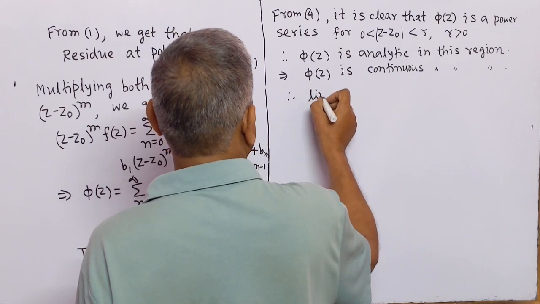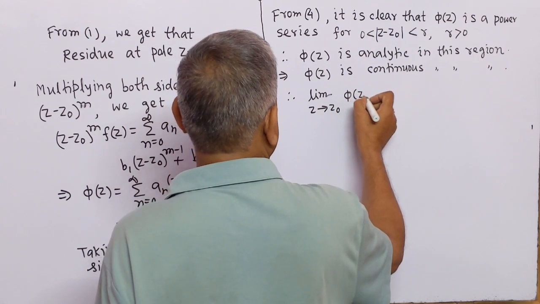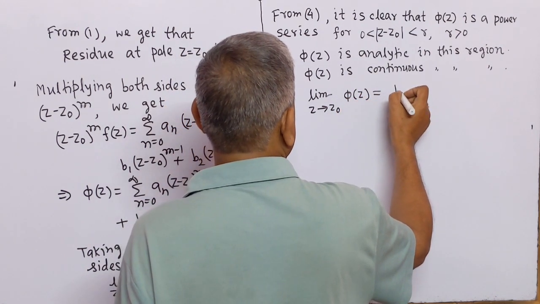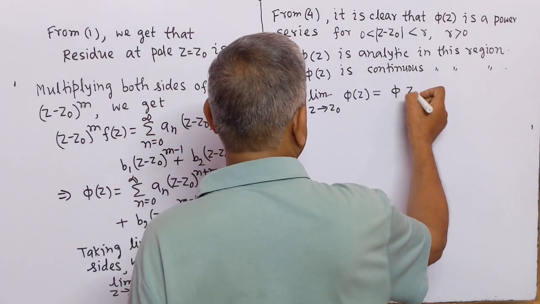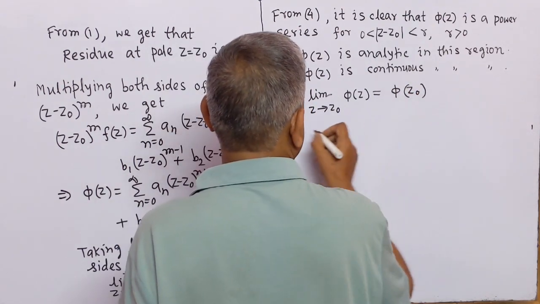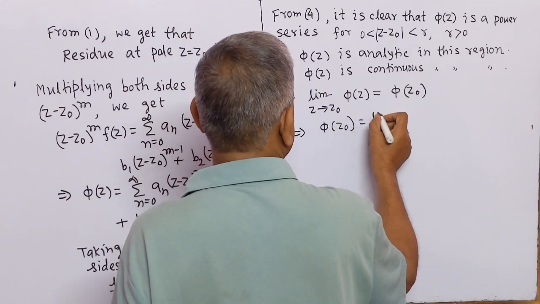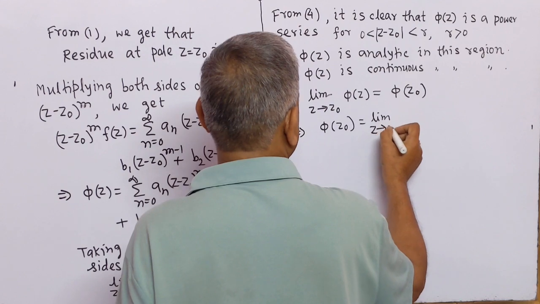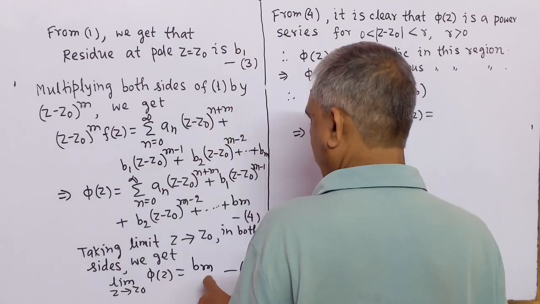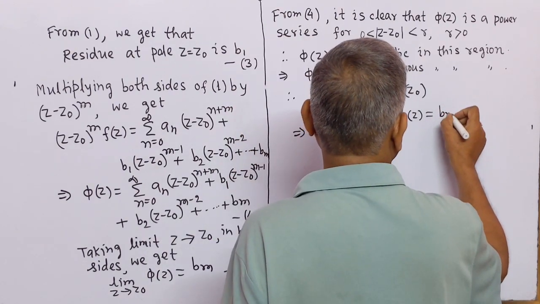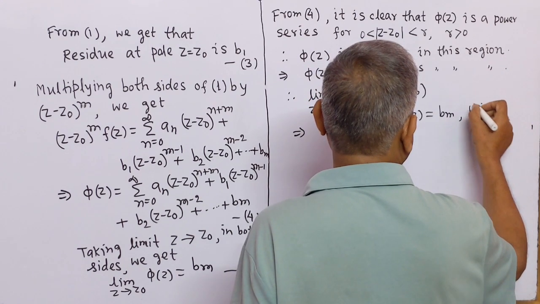Therefore, limit z tends to z naught phi(z) equal to phi(z naught), which implies that phi(z naught) equal to limit z tends to z naught phi(z) equal to bm, using 4.